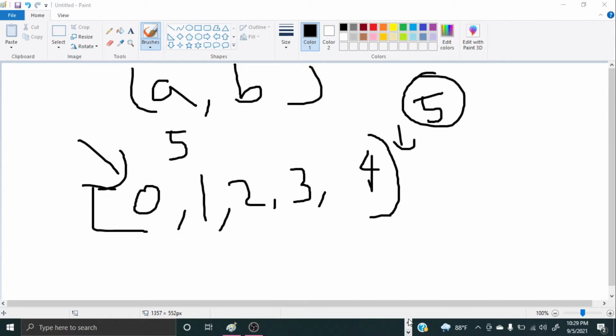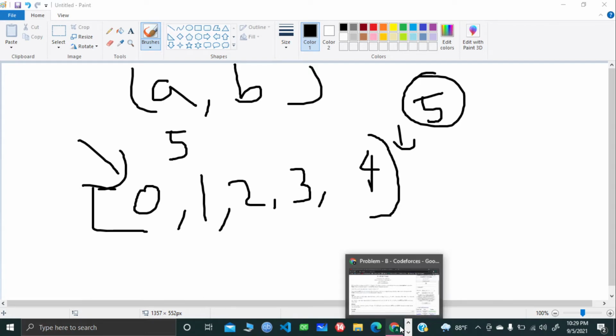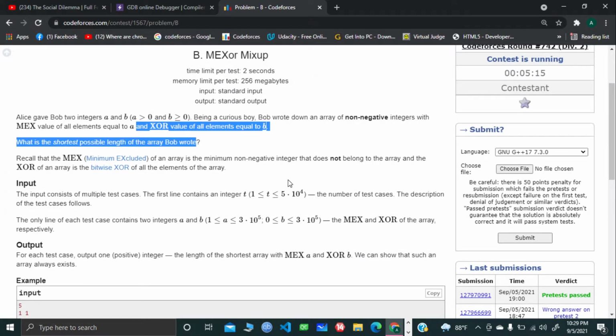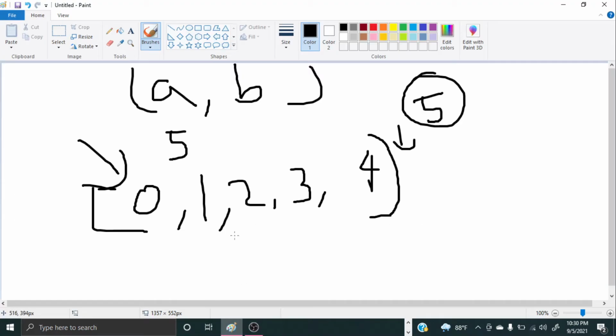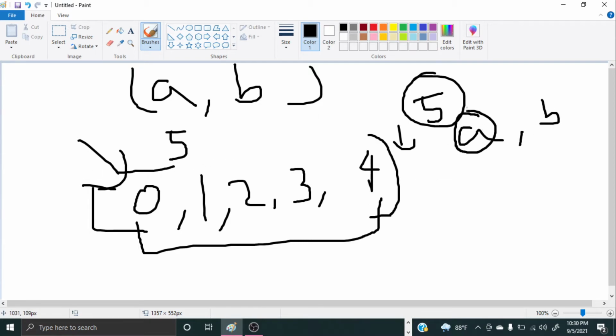Now what was the next part? The next part was the XOR value. They have told us that we have to XOR all the values of the array. In a similar fashion, we will XOR the least amount of values that we have got. If we're given A and B, we know that A is for the MEX part.